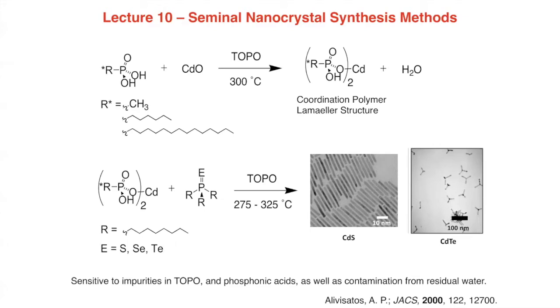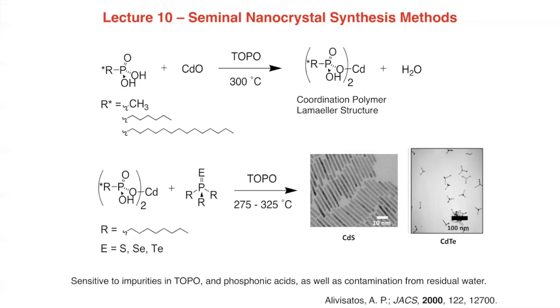And that cadmium phosphonate polymer product reacts with phosphine chalcogenides, leading to other crystal shapes in the case shown here, or spherical quantum dots not shown.